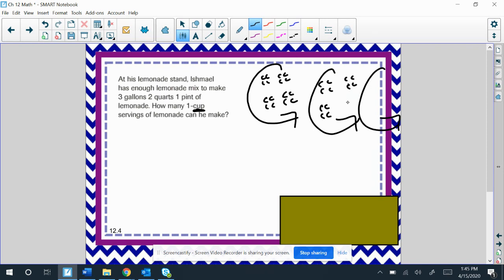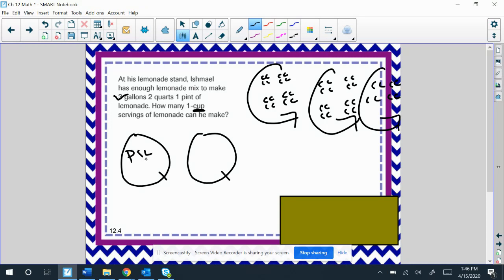So here's my picture for my gallons. I now need my quarts, so I'm going to draw my Q's. I have 2 of them. And I don't really need the pints in because I'm not finding how many pints there are, but that helps me remember that there are 2 in a Q so that I know how many C's go with each one.